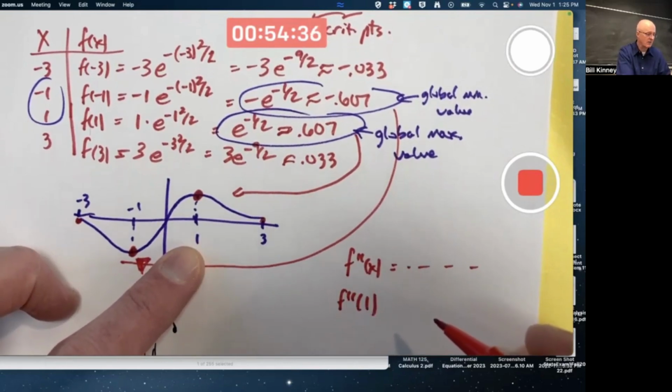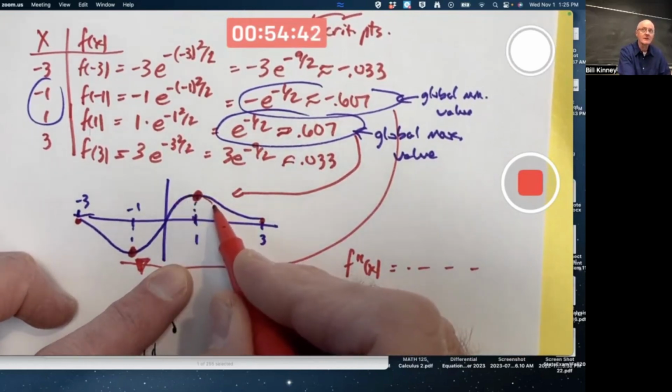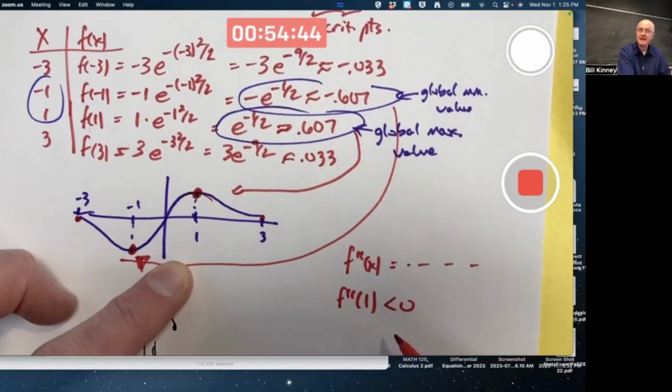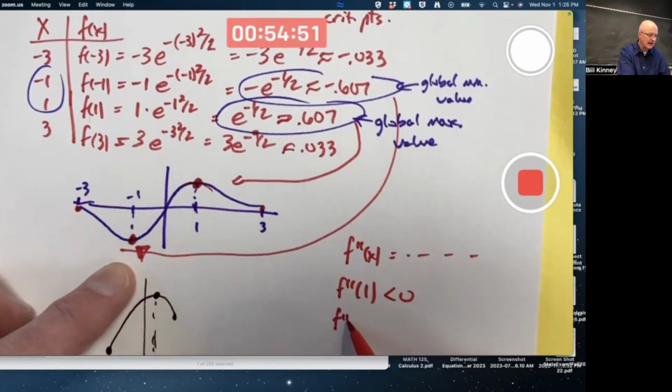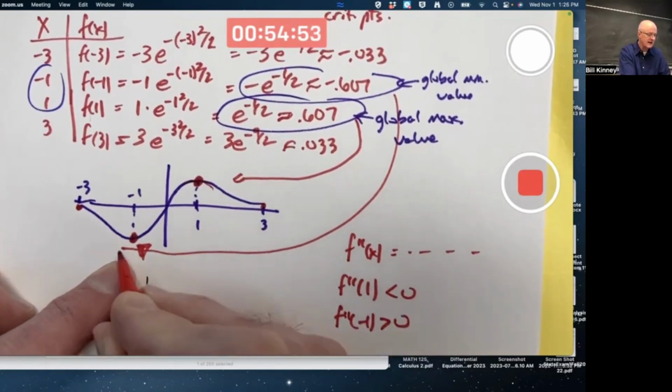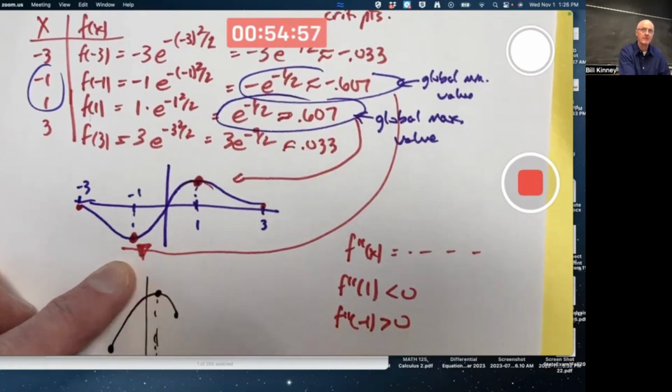I don't know what exact number we'll get, but I can say it'll be negative. You can see the graph's concave down near 1. And that being negative by the second derivative test would be enough to say you've got a local max at 1. Likewise, f double prime of -1 would be positive. This graph's concave up near -1. And that would be enough to say you've got a local min.